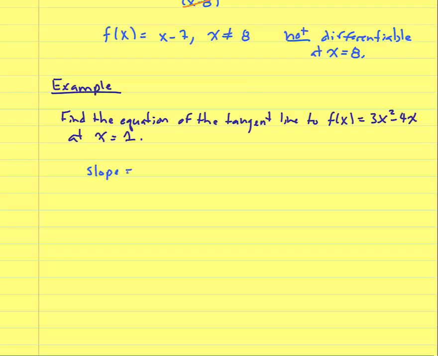So our slope is f prime of x equals the limit as h approaches 0 of f of x plus h minus f of x all over h. Or I could also use this one.